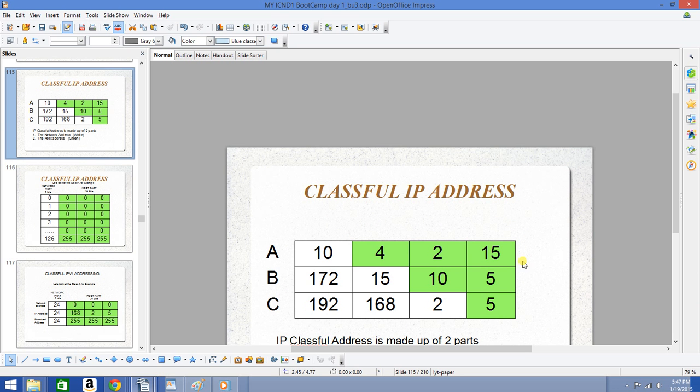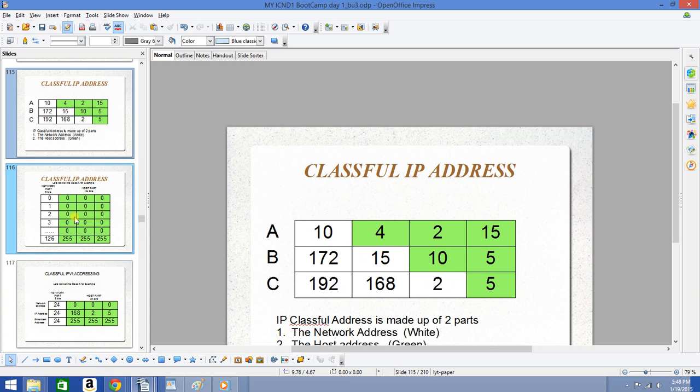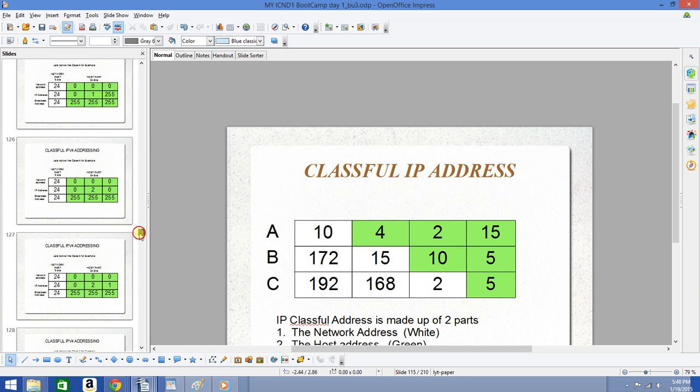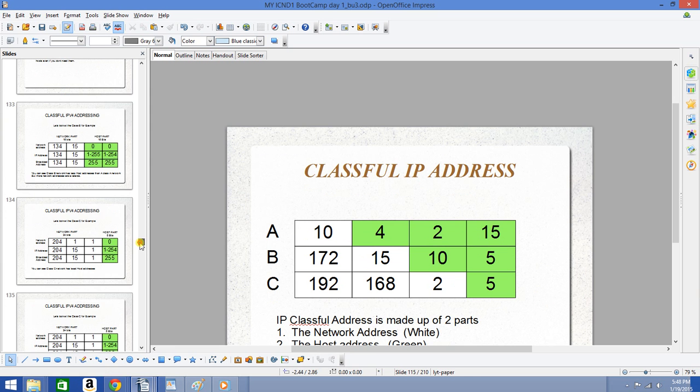So for those of you that have seen addresses before, this would be like a /8, this would be like a /16, and this would be like a /24. But /8, /16, and /24 don't really mean anything for a Classful IP address because it's automatic. You already know, you don't even need to tell it. So the point is this is showing you the limitations of Classful IP addresses.